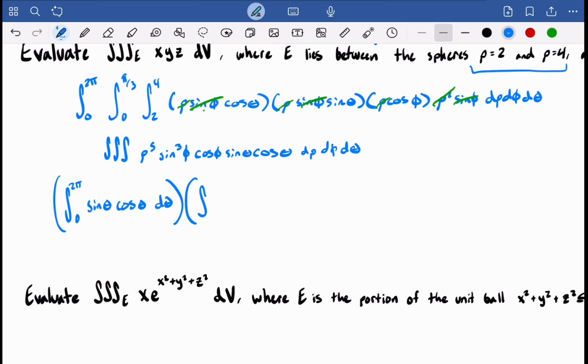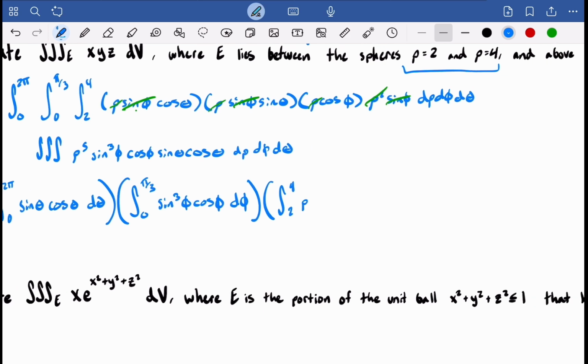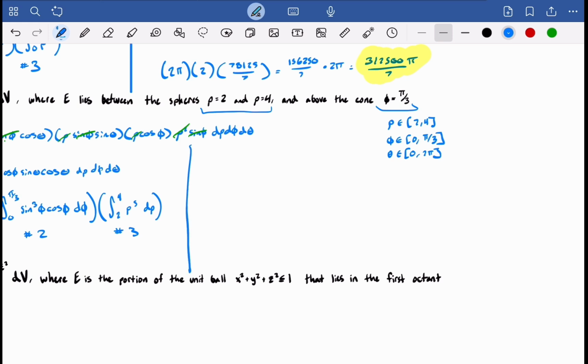Then we have the integral from 0 to pi over 3 of sine cubed of phi cosine phi d phi, and then the integral of rho to the 5th d rho from 2 to 4. So we're going to label these number 1, number 2, and number 3, and we're going to evaluate all 3 of these. So we're going to make a little box here.